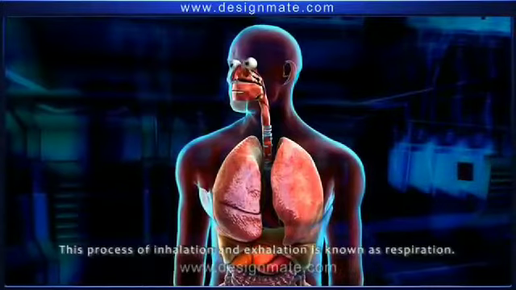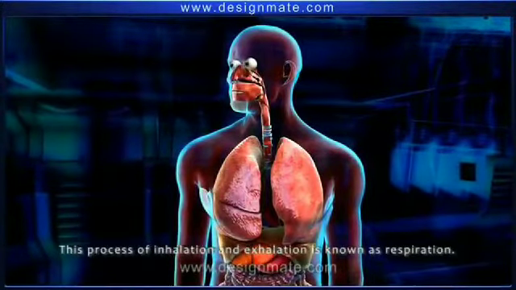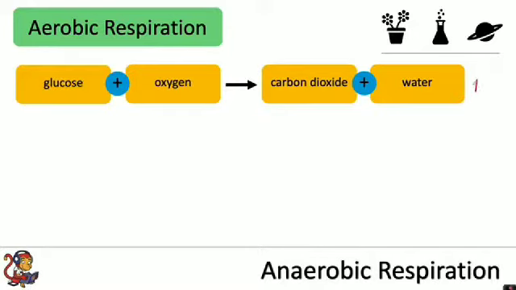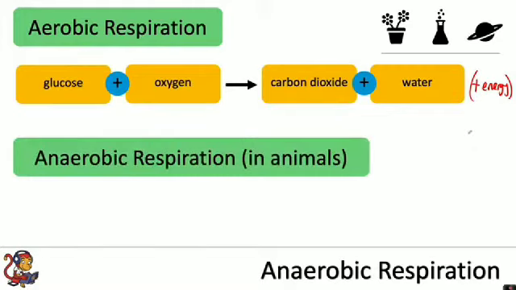So often in brackets you will see plus energy written at the end of the equation as well. However, there is a second type of respiration called anaerobic respiration. And anaerobic respiration means without oxygen. So in anaerobic respiration we're going to lose the oxygen from the beginning of the equation.